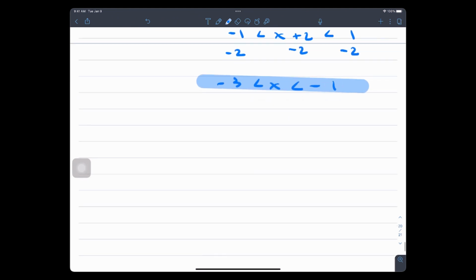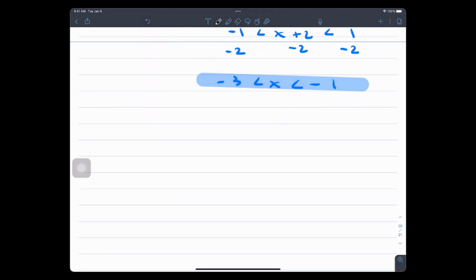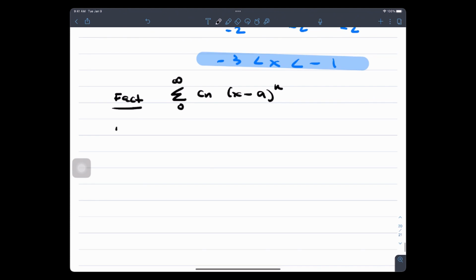So now, ladies and gentlemen, let me give you guys some more notes and some more facts here. This is what we're going to look at in our future. So generally speaking, this is the general definition of a power series, right? And it's a power series about a value A. A is a constant, so we have this power series. So we have the following facts.